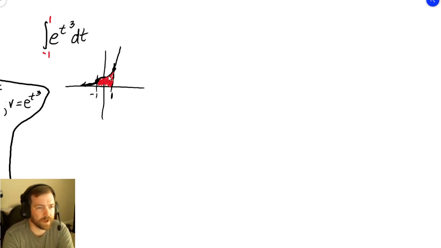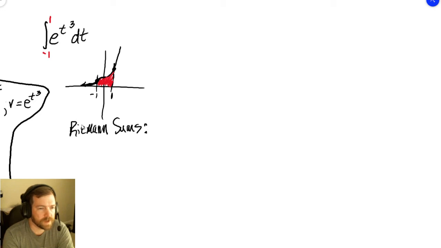So instead we're going to go back to Riemann sums. One way to figure out the area under this curve is to look at the Riemann sum, which is the definition of how to get the integral in the first place.